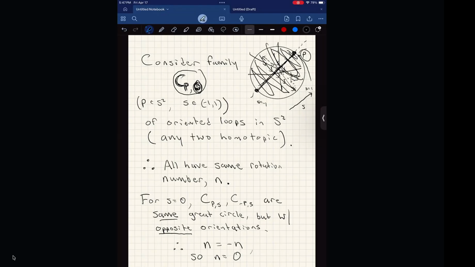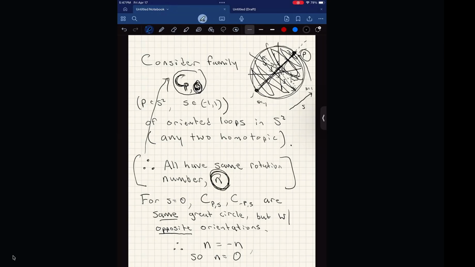You're just moving the point P around the sphere in a continuous way. It would be nice to have an animation, but I'm just rigidly rotating the sphere with all its oriented curves. And so that's absolutely fine as well. From all the preceding observations, any two CPS curves have to have the same rotation number.